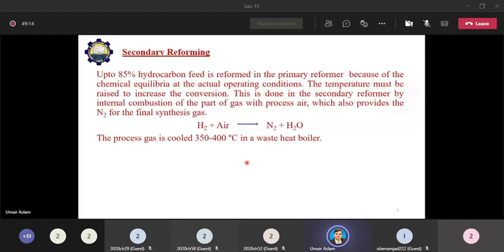Not all of it, some amount of this hydrogen. As a result, we will have nitrogen, steam and a huge amount of energy. This amount of energy which is generated from the combustion of hydrogen is basically consumed by the remaining unreacted methane.